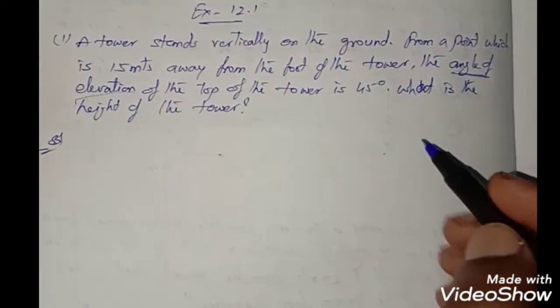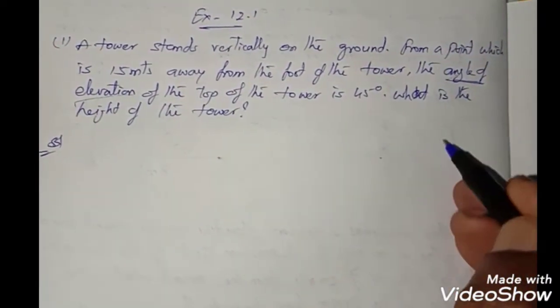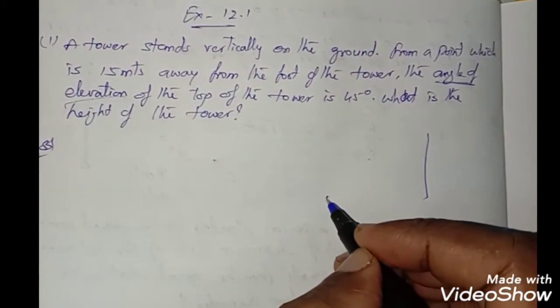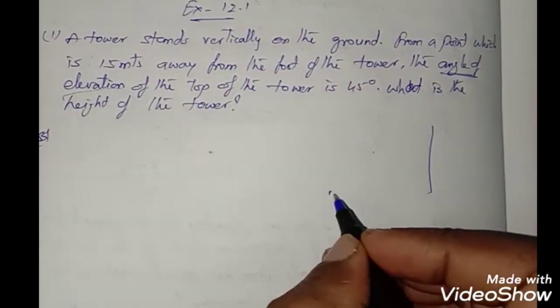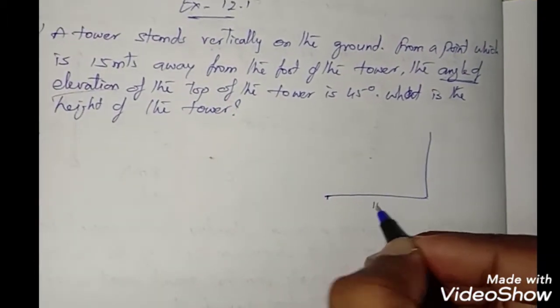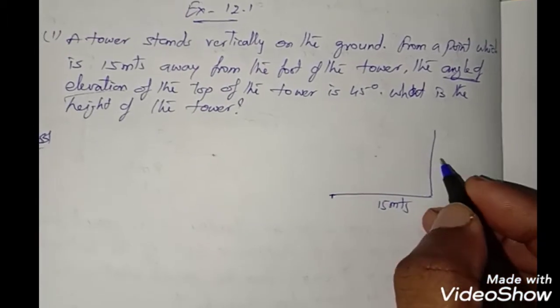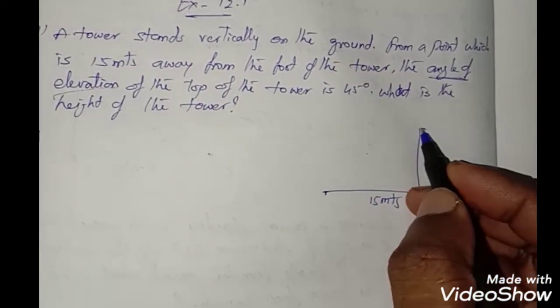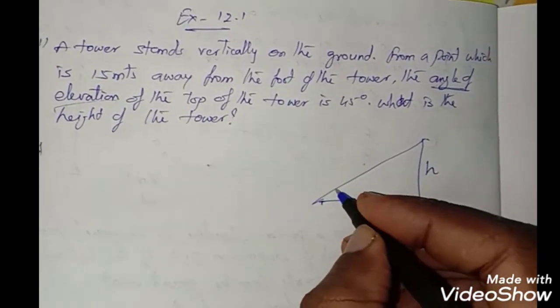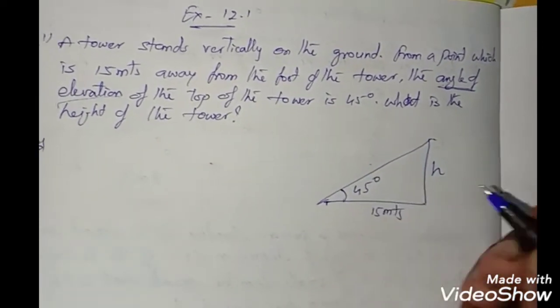As per your problem, here you have a tower and a person standing 15 meters away from the foot of the tower. We have to find the height of the tower where the angle of elevation is 45 degrees.